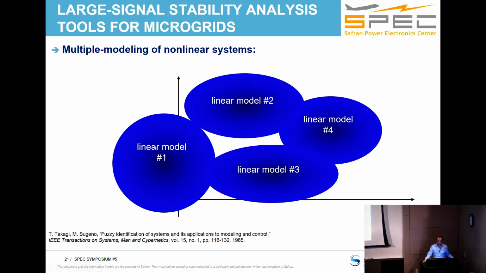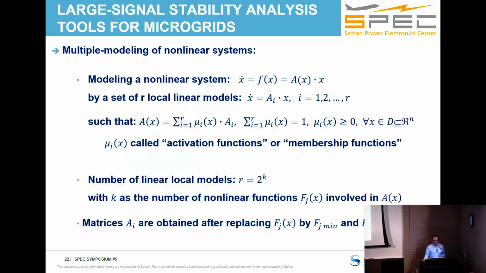For example, here you can talk about linear model 1, then linear model 2, 3, and 4, and then you can have a weighted sum of all these local linear models, and these weighting terms are nonlinear. So you push all nonlinearities to the weighting factors.